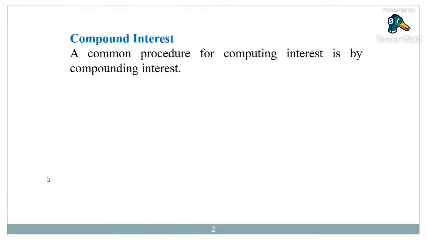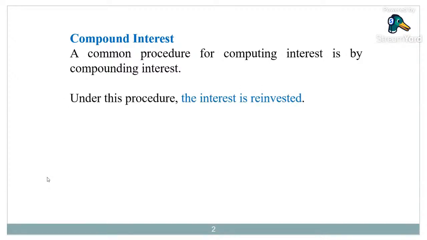A common procedure for computing interest is by compounding interest. Okay, kalau simple kita kata apa? Principal kita kira terus interest sekali tu. But for this compound interest, under this procedure, the interest is reinvested. Okay, perkataan reinvested. So reinvested maksudnya interest akan menjadi tambahan, adding up into the principal.